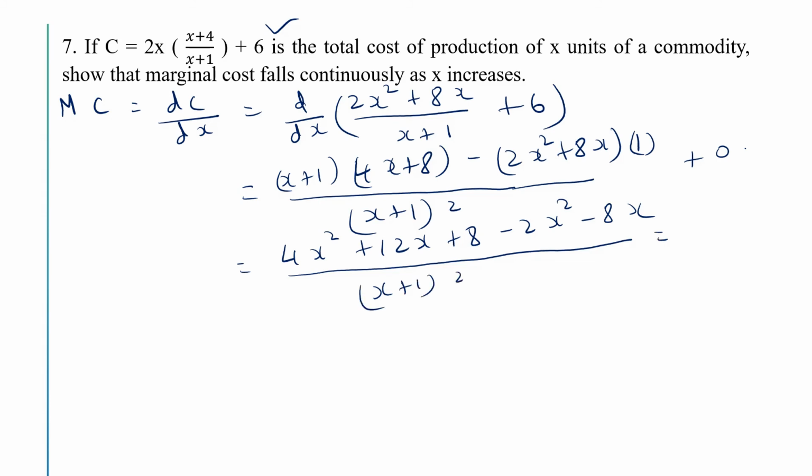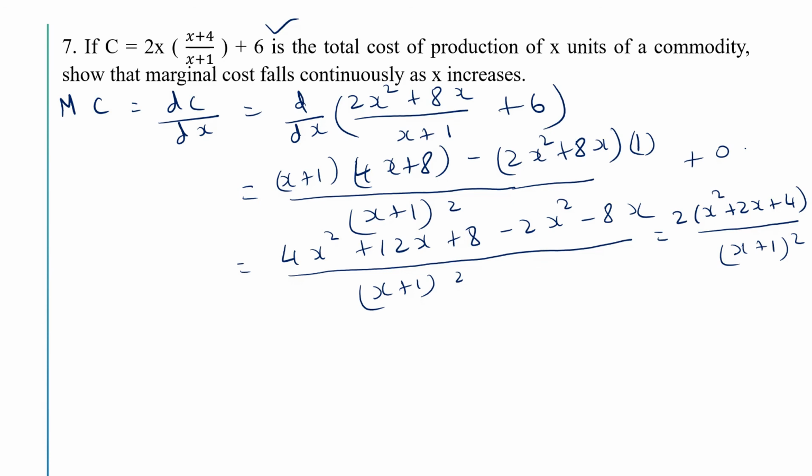So here 2 is common, we can take it outside. Here we get 2x square plus 4x plus 8. So 2 is common. So we get 2 into (x square plus 2x plus 4) divided by (x plus 1) the whole square.